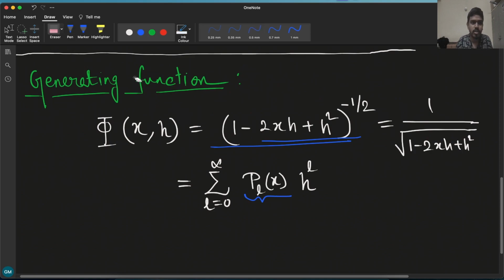This is how it generates the Legendre polynomials.